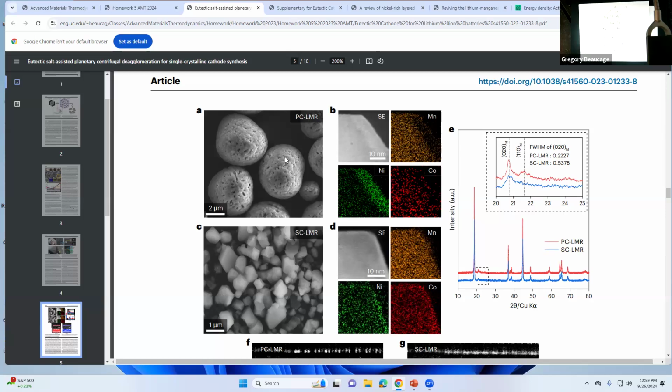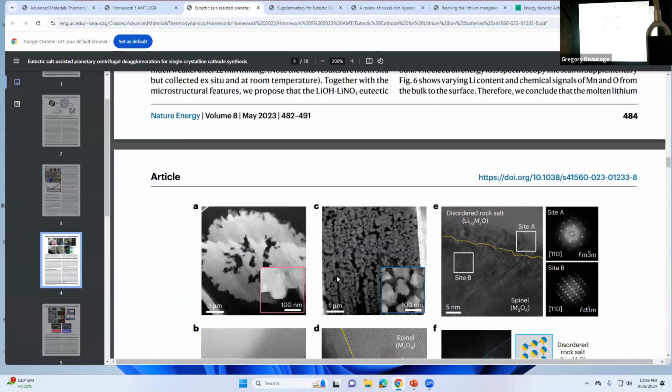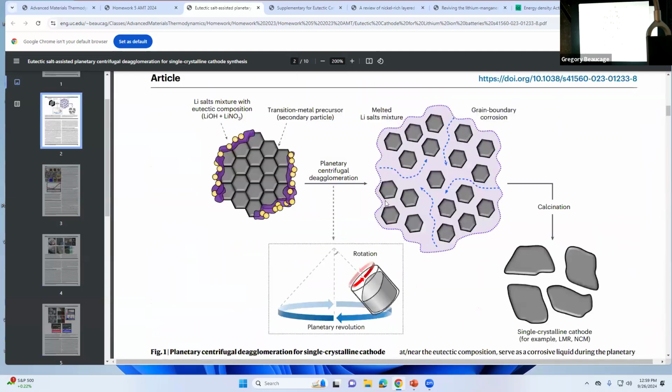So let me fix this thing. Anyway, the way to get around that is they take these things and put them into a Thinky mixer, which is a planetary mixer. You see these kinds of mixers around, and there are also spin-offs of the Thinky mixer.